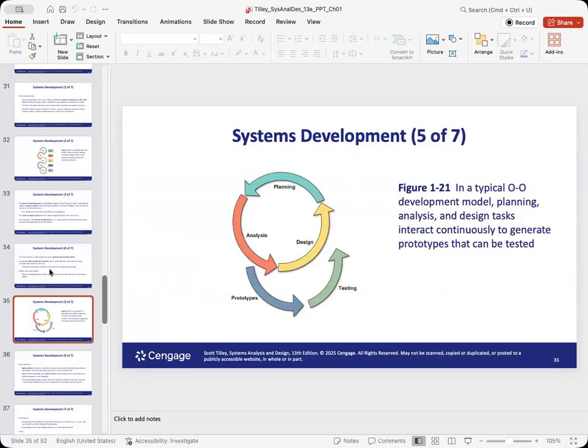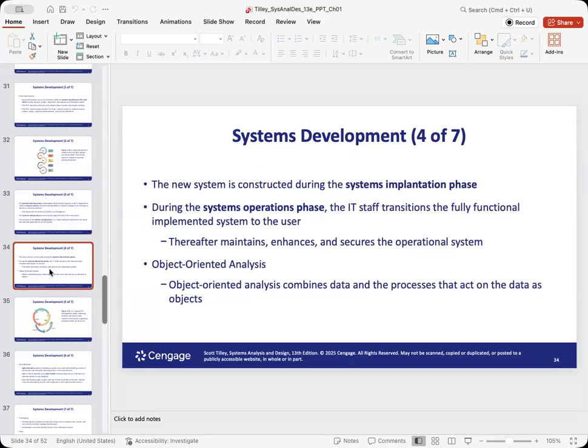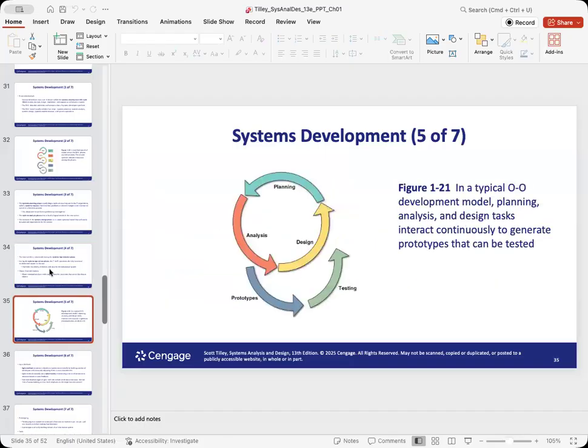Now in a typical object-oriented development model, there is the planning, there is the analysis, and then there is a design task. That is if we are dealing with object-oriented analysis. I don't want to talk about it because we'll go deep into it in the next lessons. All right, but this is how the object-oriented analysis looks like. There is the planning phase, the analysis phase, and then the design phase.